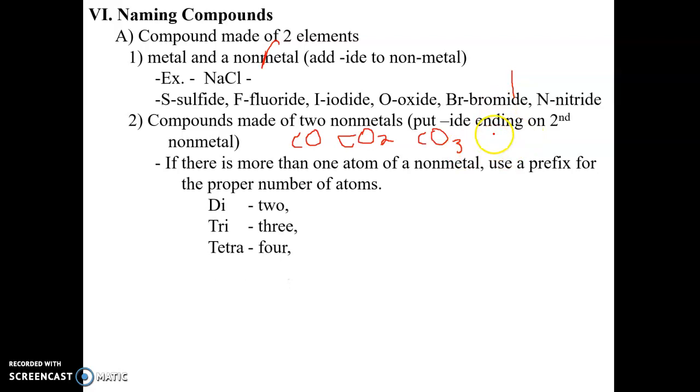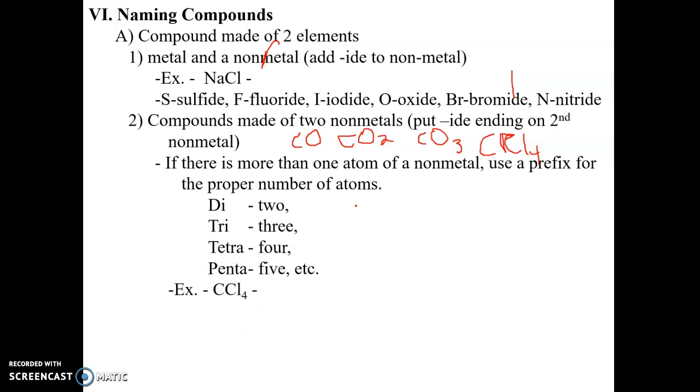For example, this compound, CCl4. You have one carbon and you have four chlorines, so this is carbon tetrachloride. Tetrachloride just tells you that there's four of them. That's not as common, but it's possible. You could even have penta, which would be five, so pentachloride would have to have five chlorines, and so on.